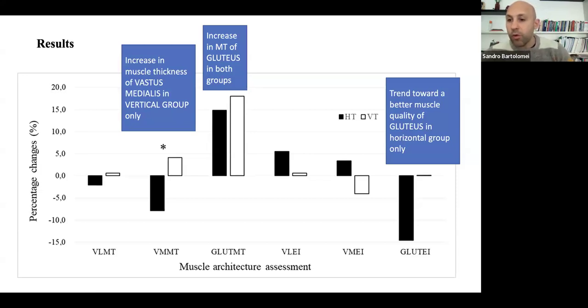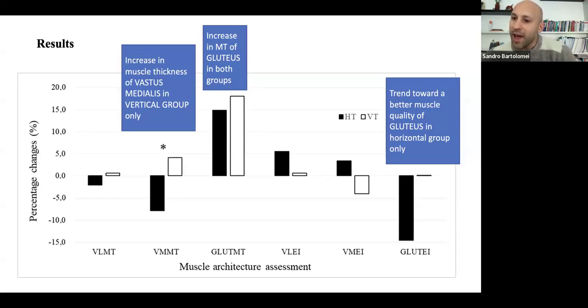When you perform a full squat or a step up, your glute is activated. So both groups experienced a significant increase in the thickness of the glute. However, only the horizontal group obtained an increase in the echo-intensity of the glute.